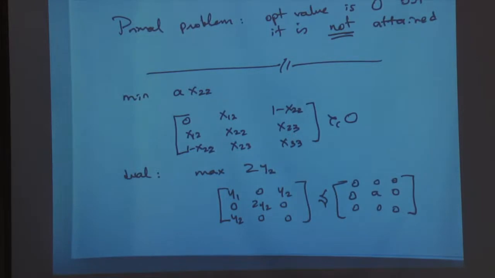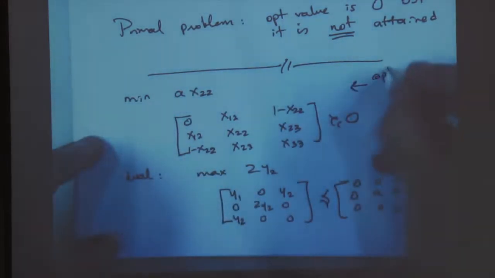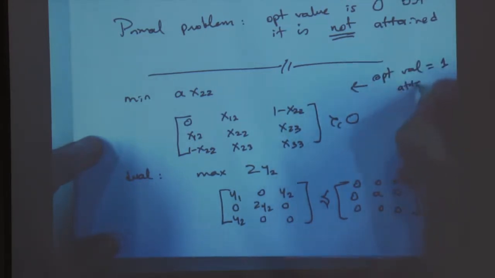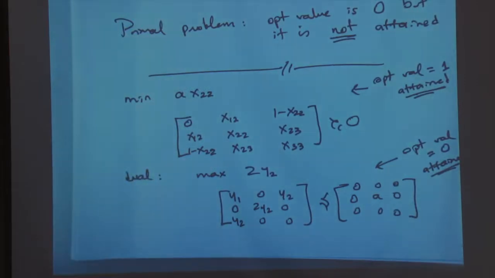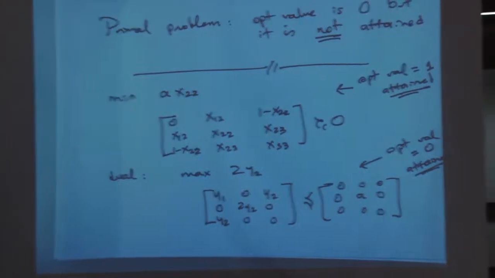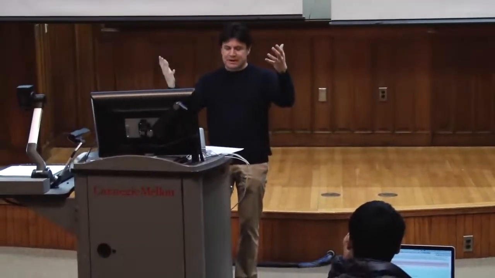And in this case, the optimal value here is equal to 1 and is attained. And in this case, the optimal value is equal to 0 and is also attained. Okay, so this last example shows that that kind of pathology can also occur. You can have both primal and dual attain their optimal values and have a positive gap between them.